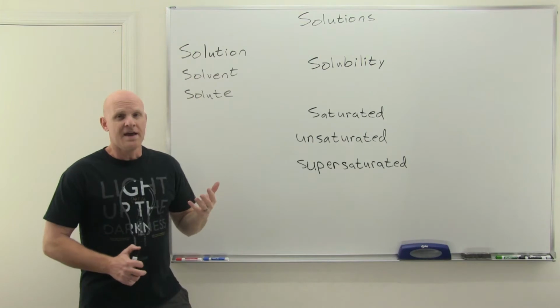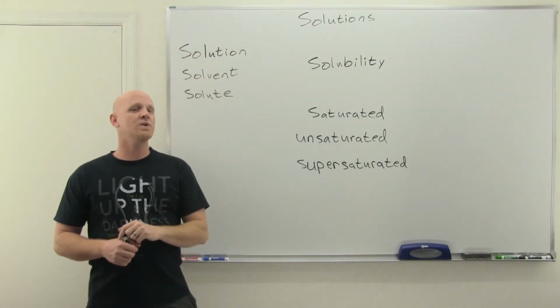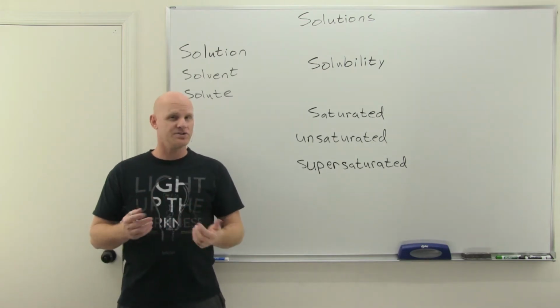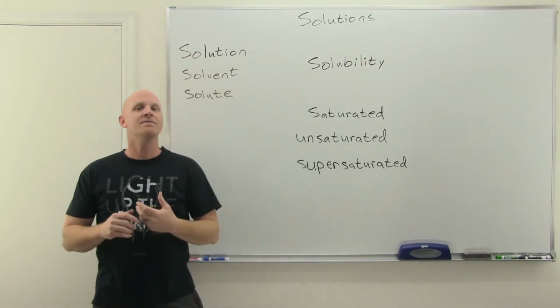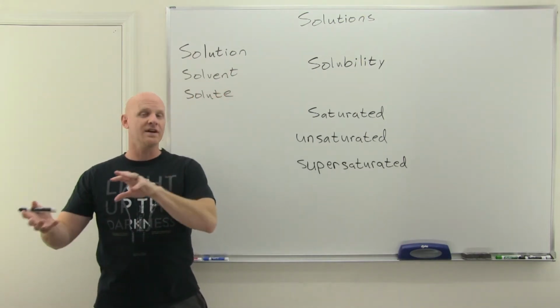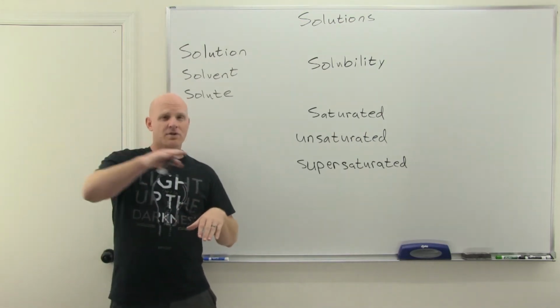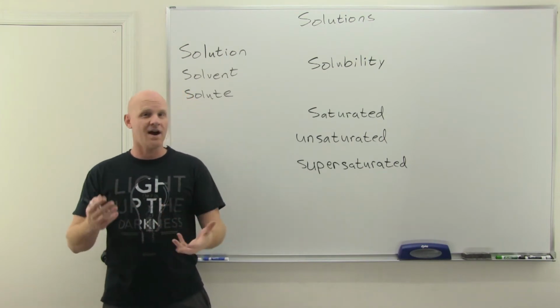All right, so if you think about a gaseous solute, you could think of O2 in water. So what do fish breathe? Well, fish breathe oxygen, O2, just like you and I do, except they're not pulling it out of the air. They're pulling O2 that's actually dissolved in the water. So this is why if you take a fish in a fishbowl, cover up that fishbowl and leave it covered for a long period of time, that fish is going to die. It's going to run out of O2.